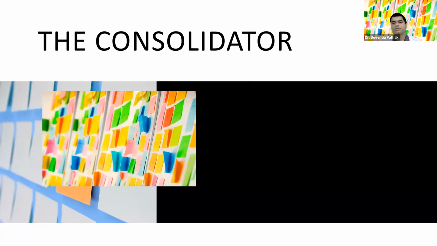They are just collecting the work, so they are called consolidators. They have the idea that I have these works with me, but how to synchronize and organize them for efficient management of all these works? So this category is called consolidator.